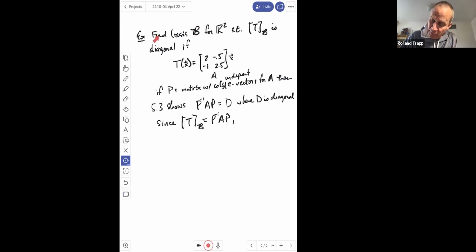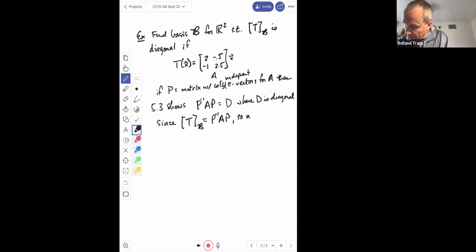This problem says find a basis for R2 so that this matrix is diagonal. In order to diagonalize A, the columns of P have to be eigenvectors, and this matrix will be my B matrix. So we need B to equal a basis of eigenvectors.